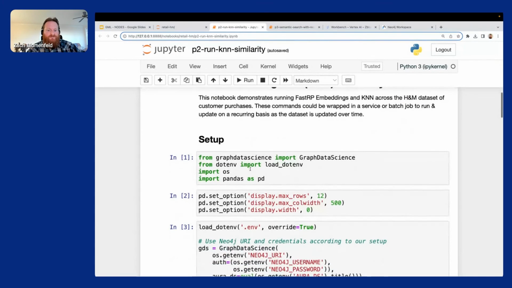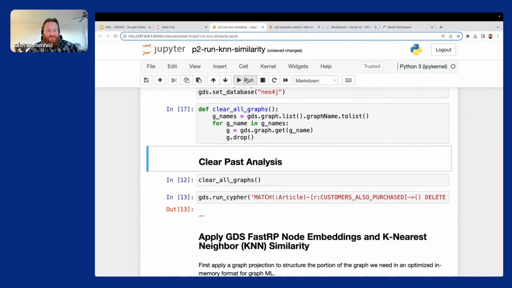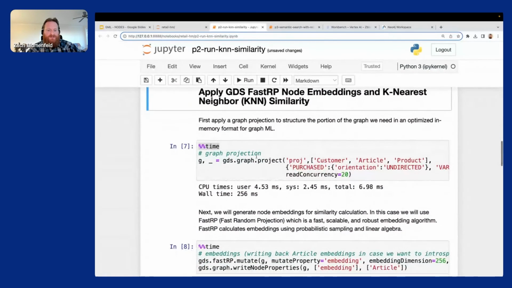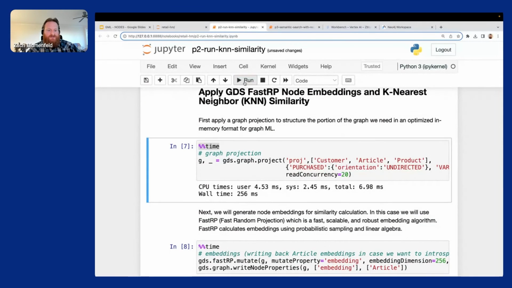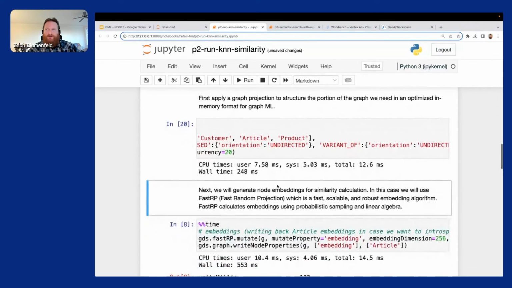To reveal that and really scale it, I'm going to walk through a GDS workflow, a graph data science workflow. This will do graph machine learning. I talked about projections a little while ago. I'm going to create a projection with customers, articles, and products, and the purchase relationship, as well as this variant of, which connects the articles and the products.